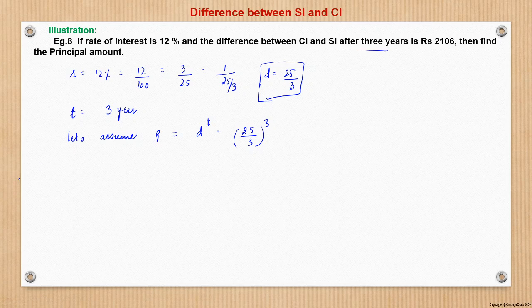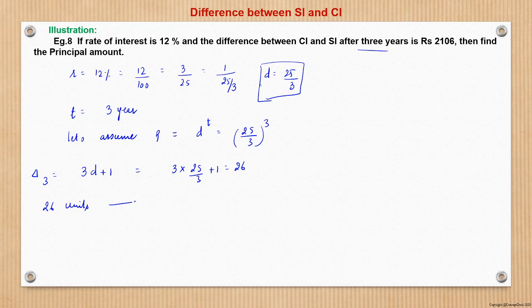Now we know that delta 3 is nothing but 3 times D plus 1. Straight away we will not calculate that. So 3 into D, which is 25 by 3, plus 1, which is 26. So 26 units.